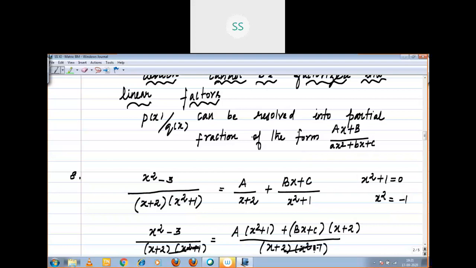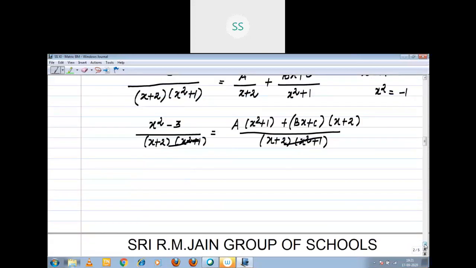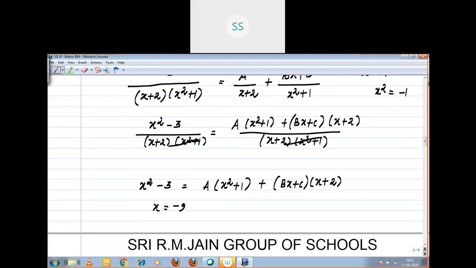Now the denominator vanished. You have to substitute the value of x.